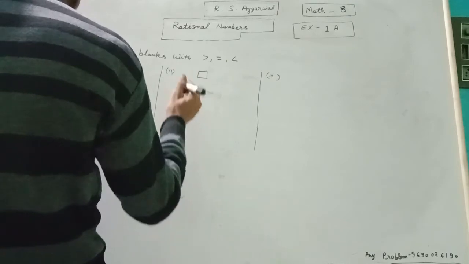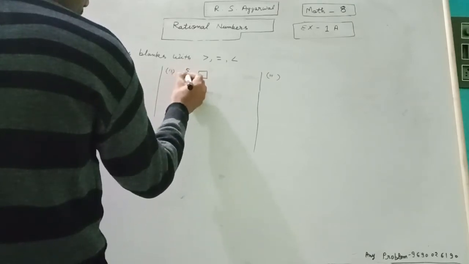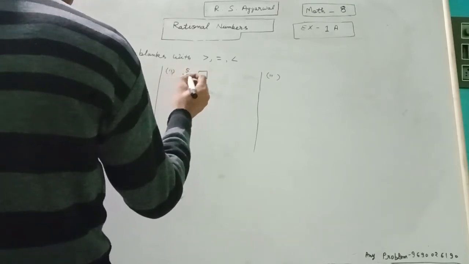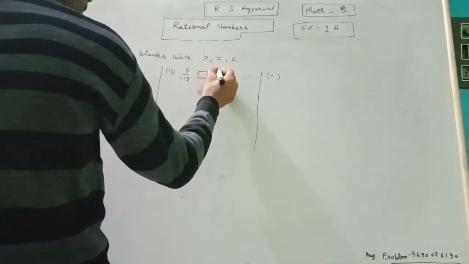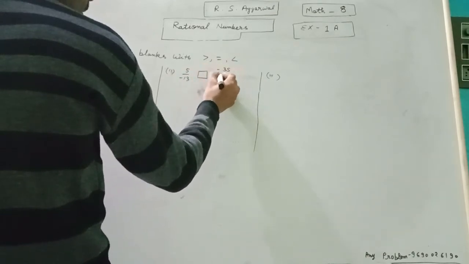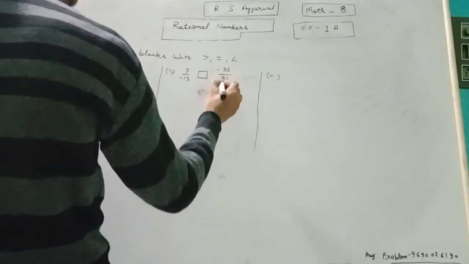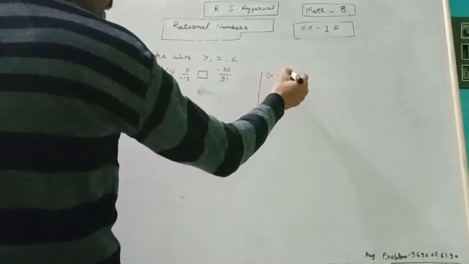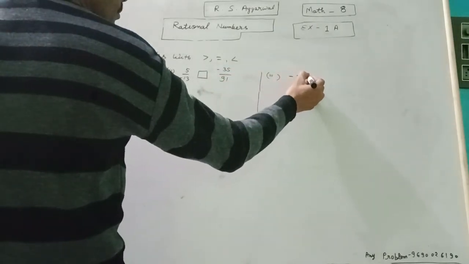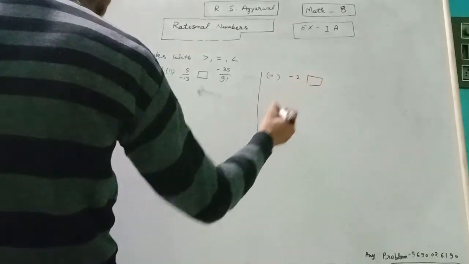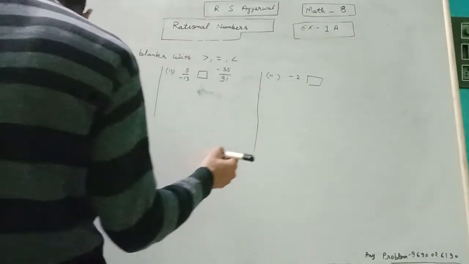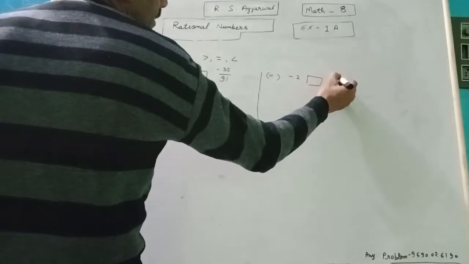Note 7/9, 5/-13 and minus 35/91, and minus 2, make the box in blank, minus 13/5.